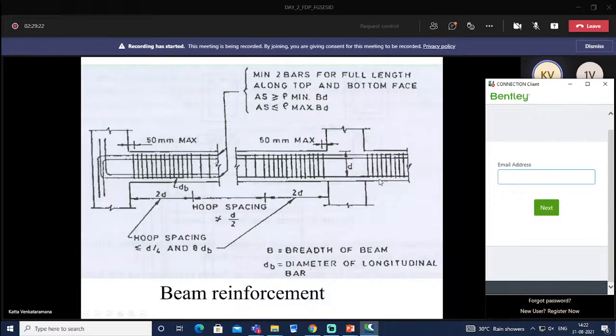So from this column face up to a length of 2D, we have to provide stirrups or vertical ties at closer intervals. The same thing is shown here. Then minimum 2 bars for the full length along top and bottom face, and the reinforcement to be provided is specified here.